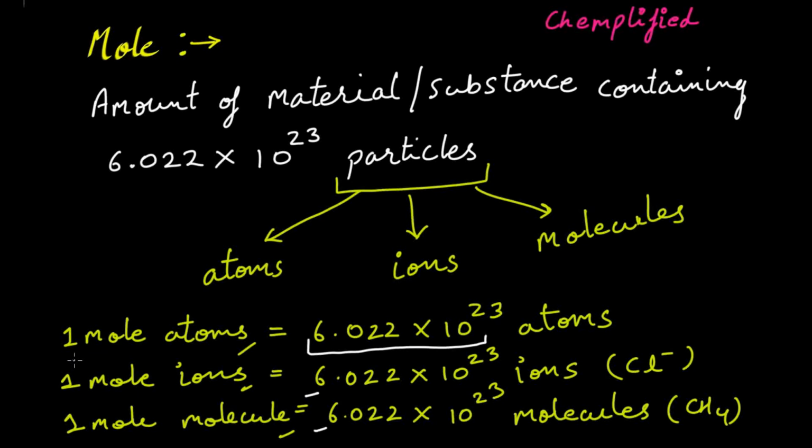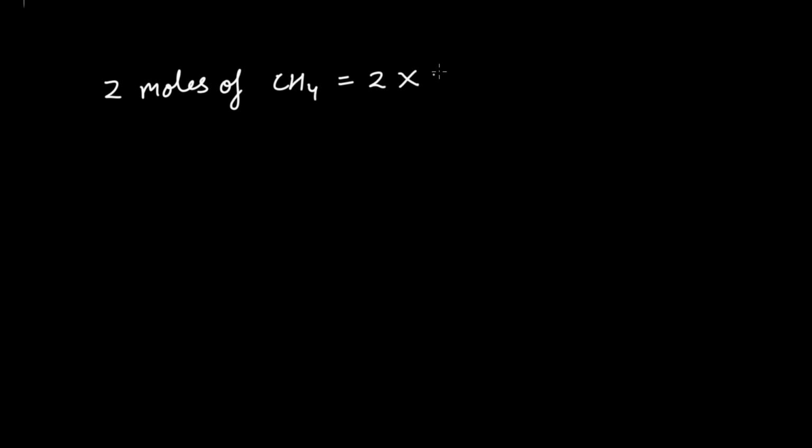If somebody asks you what is 2 moles of anything, any atoms or ions or molecules, then you will write, if somebody asks 2 moles of CH4, then you will write 2 into 6.022 into 10 to the power 23 CH4.